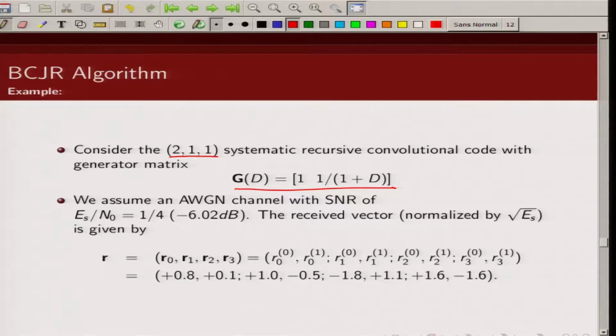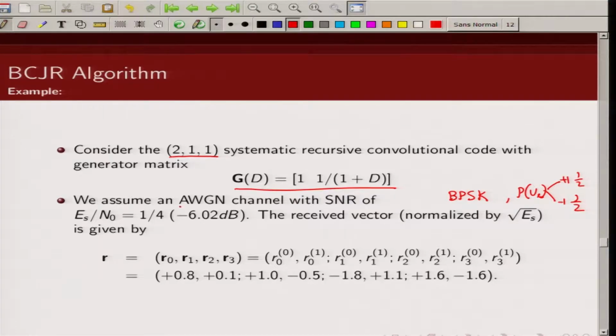We are considering BPSK modulation, and we are assuming that the input u_l is equally likely to be plus 1 or minus 1, plus 1 with probability half and minus 1 with probability half.